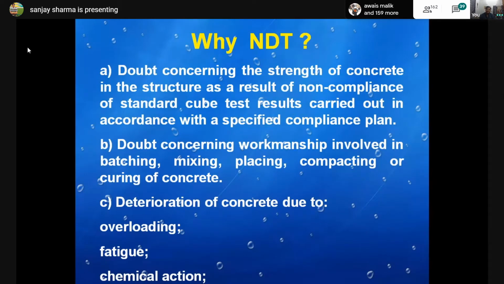What is this NDT, non-destructive testing technique? Because quality control of any construction project is very important. We have to see that whatever construction is being carried out, particularly with concrete, complies as per the specifications.